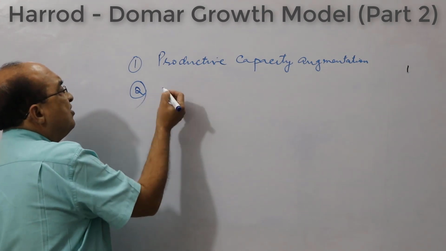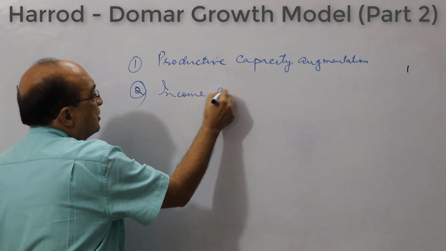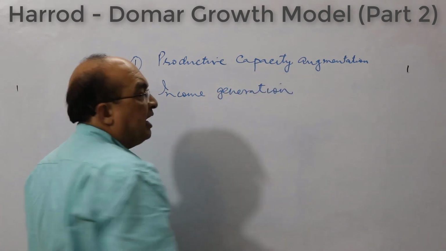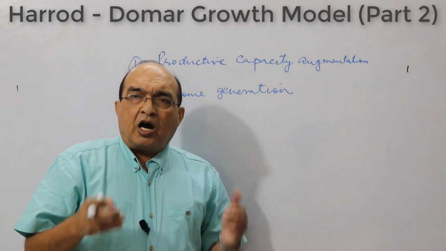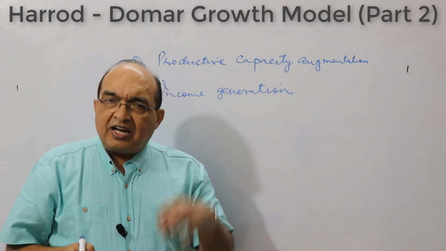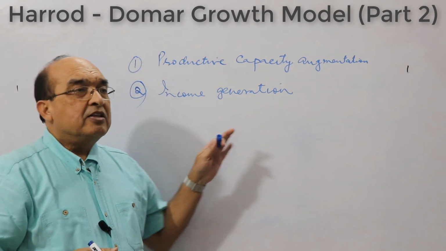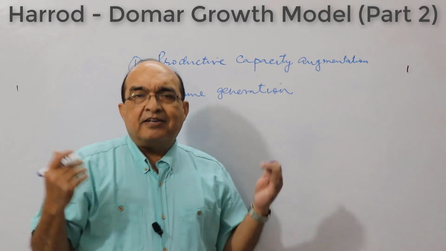And second is income generation. That is, when investment begins to take place, even before the output from that investment emerges in the form of goods or services, the income of various sections of the society begins to be generated.